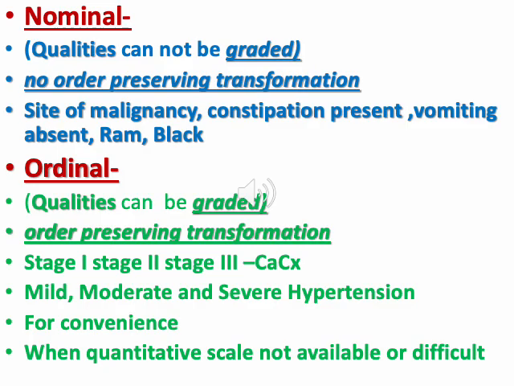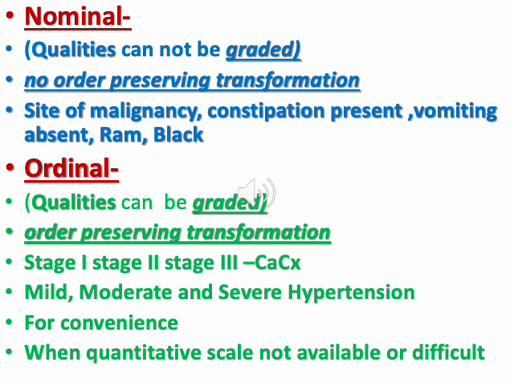Okay, let's get back to business. So basically there are four types of variables: nominal variables, ordinal variables, interval, and ratio variables. Nominal and ordinal, as the name suggests, nominal means name. Here we have qualities. So these two are qualitative variables, nominal and ordinal, but nominal qualities cannot be graded. What does it mean?